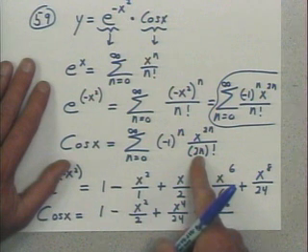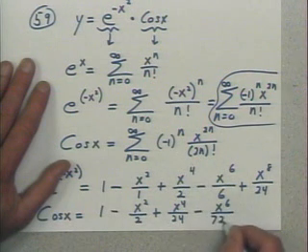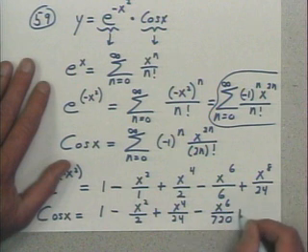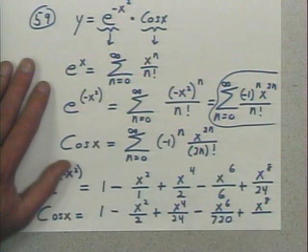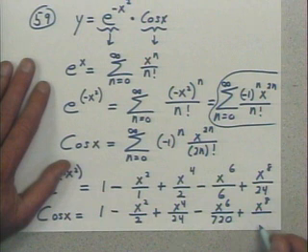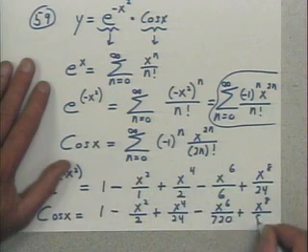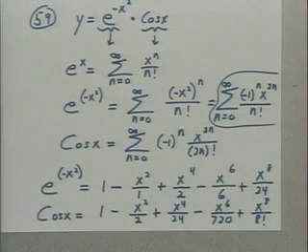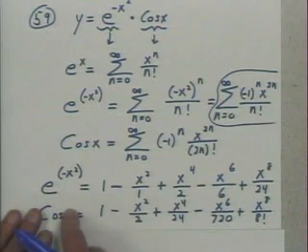Is that around 620? 720. And then it's going to be x to the 8th. And I don't think we're going to need him, so we'll just leave it as, let's see, 0, 1, 2, 3, 4, that's 8 factorial, right? I don't think we're going to need him anyway. Okay, now what they want is the first 3 terms of the series you would get if you multiply these together.